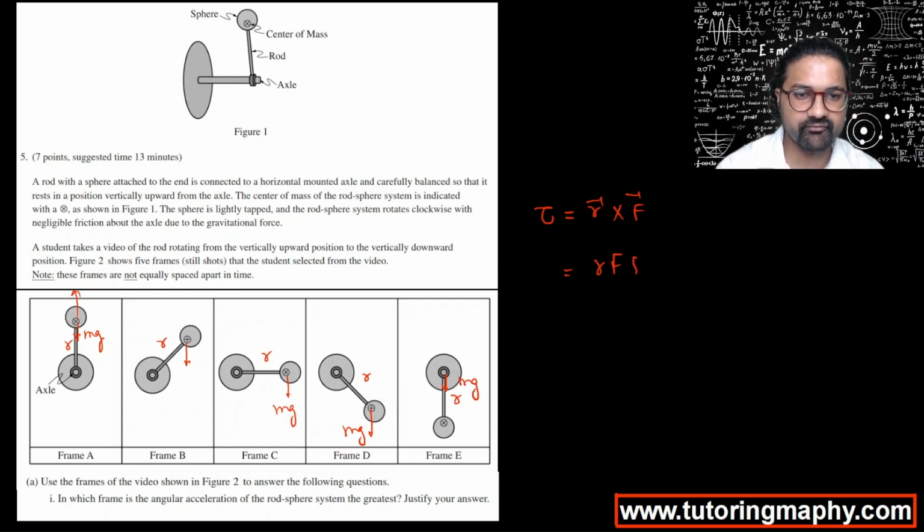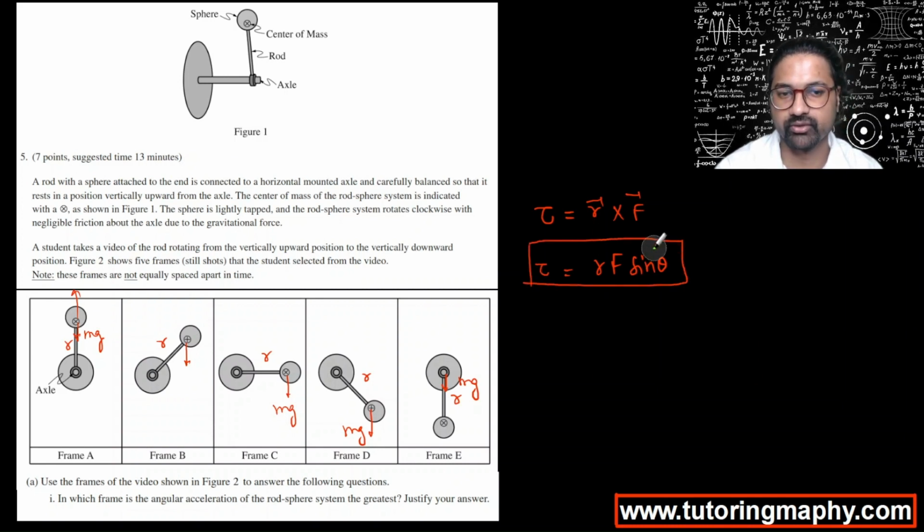So the only thing which changes, we know that the cross product is just the sine of that angle. The only variable is theta. And we want to maximize the angular acceleration. So in other words, obviously we want to maximize the torque, because the more the torque, the more the alpha, because the mass is anyway not changing. And what is the maximum angle here? It's pretty intuitive. It's 90 degrees right over here. Otherwise, other angles are either acute or obtuse.